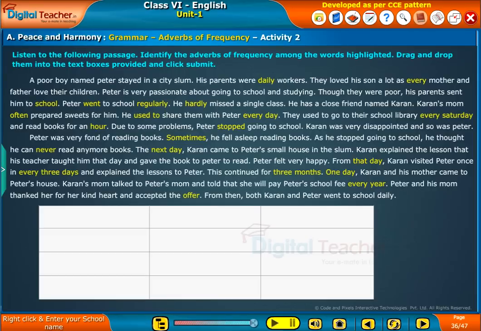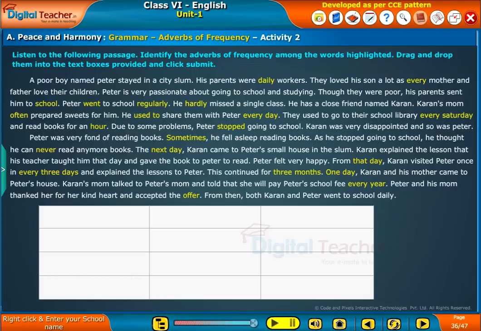A poor boy named Peter stayed in a city slum. His parents were daily workers. They loved his son a lot, as every mother and father love their children. Peter is very passionate about going to school and studying. Though they were poor, his parents sent him to school.